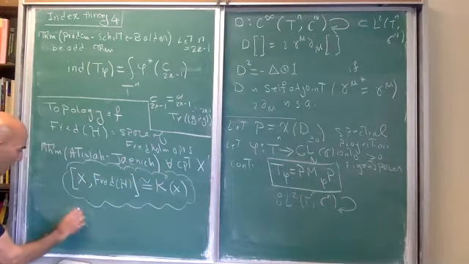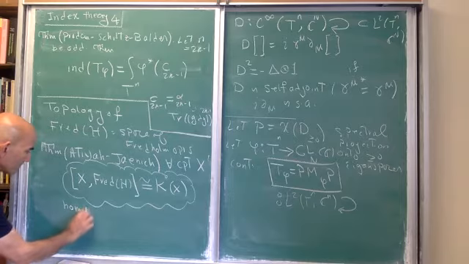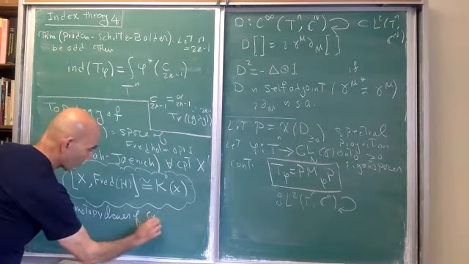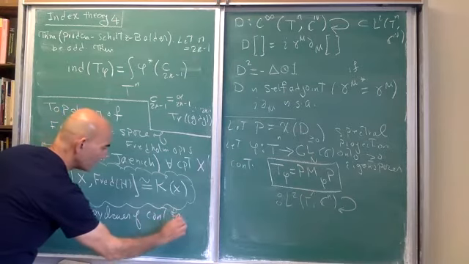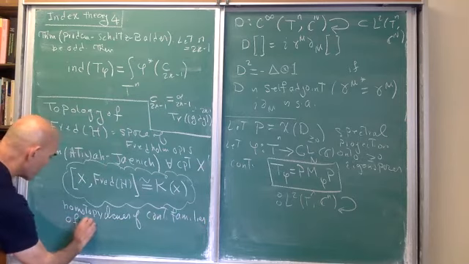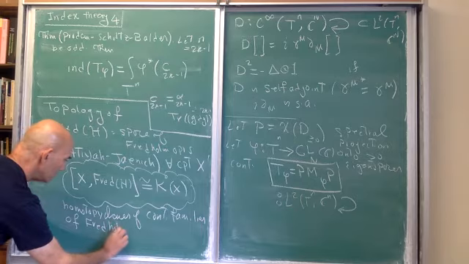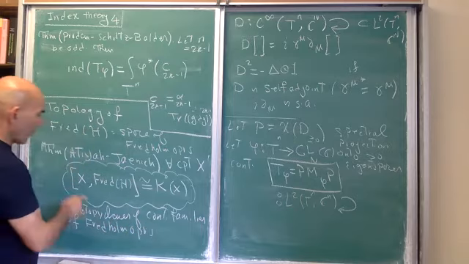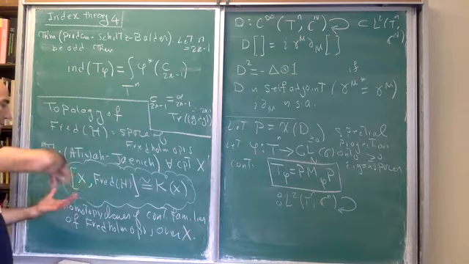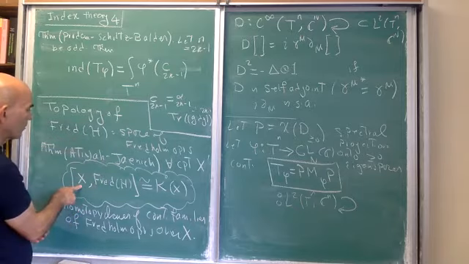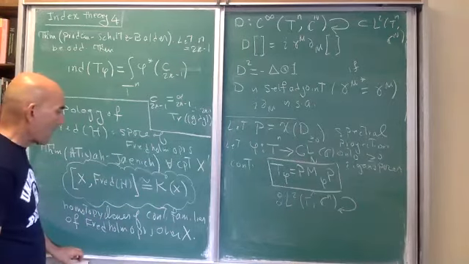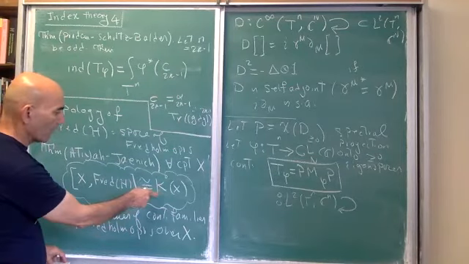So these are homotopy classes of continuous families of Fredholm operators parameterized by X. First of all, it's a set, that's what we know. And it's in one-to-one correspondence with the K-theory of X.